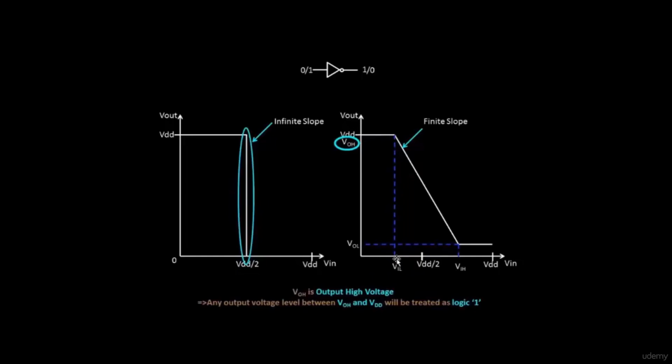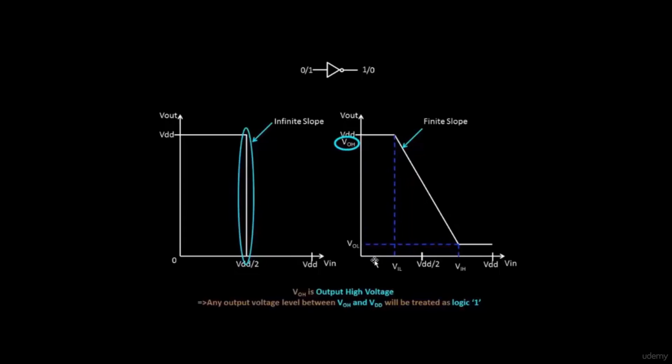If your input voltage lies in the range of 0 to VIL, where VIL could be, let's say, 1/4 of VDD, it should not be exactly equal to 0. If it lies in this range, you expect your output to be high, which is VDD, or VOH. We'll come to a more practical way of representing VOH, but the graph says that if your input voltage lies somewhere over here, your output is high. That's the very basic thing to infer from this graph.